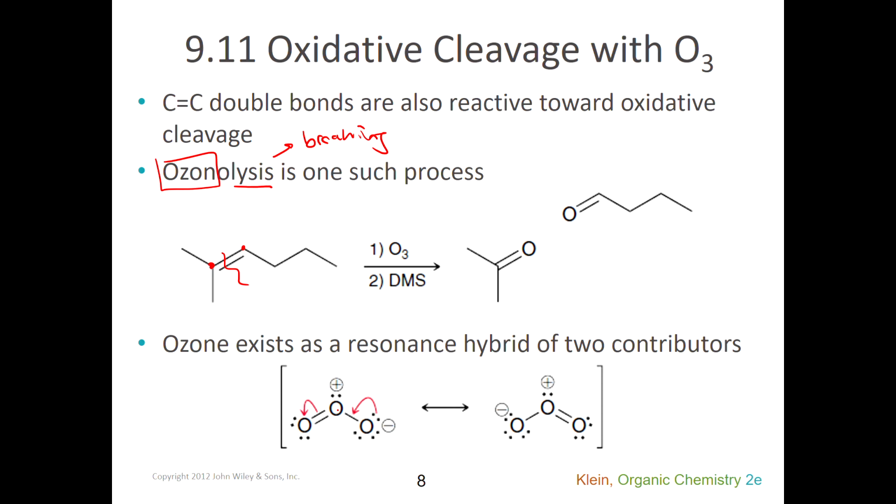Obviously, elemental oxygen mostly exists as O2. So if you want to do an ozonolysis reaction, your lab typically needs to buy a machine that produces ozone. It's not a very stable structure, despite the resonance, the formal charges here making this a little bit unstable.